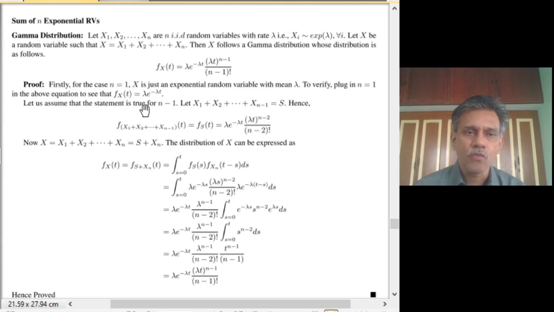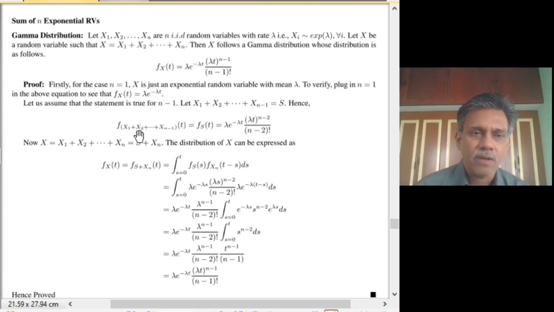Suppose this is true for n minus 1, that is, if X equals X1 plus X2 to Xn minus 1, and this formula holds good, then we will check whether it will hold good for n.